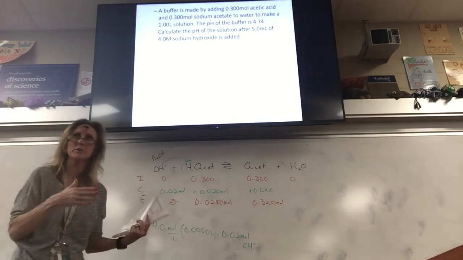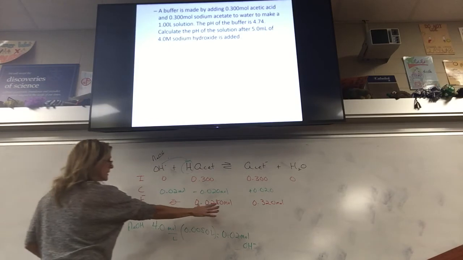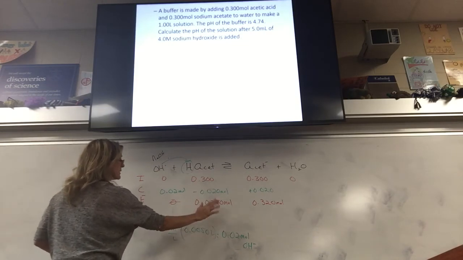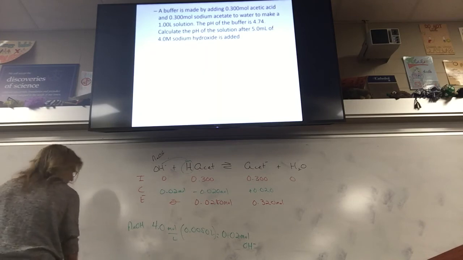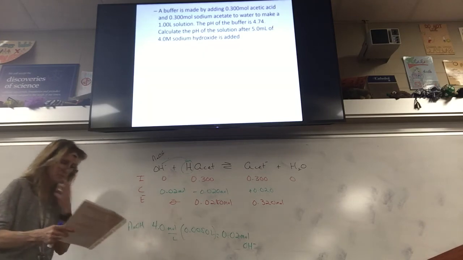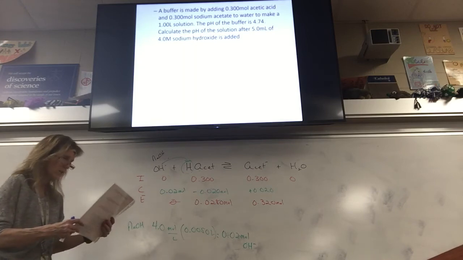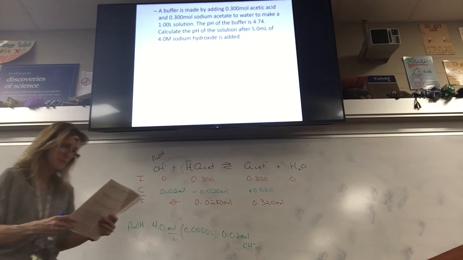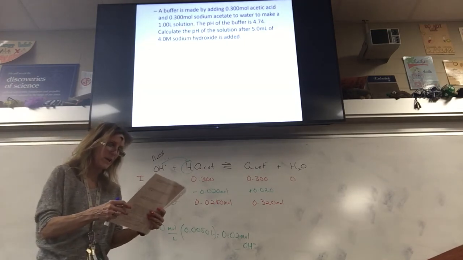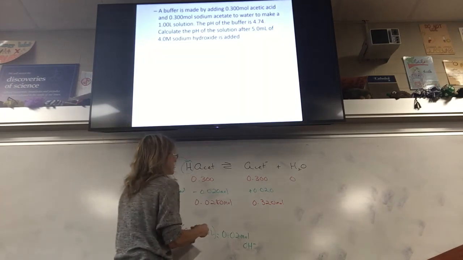That's what we have to use when we're adding volumes together. So before we plug these values in, we have to convert these back to molarity by dividing them by our total volume, which now, we had 1 liter to begin with, and now we have 1.05 liters.